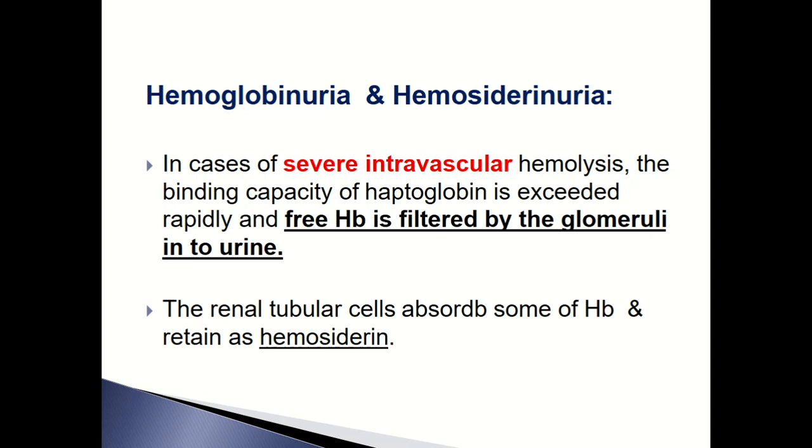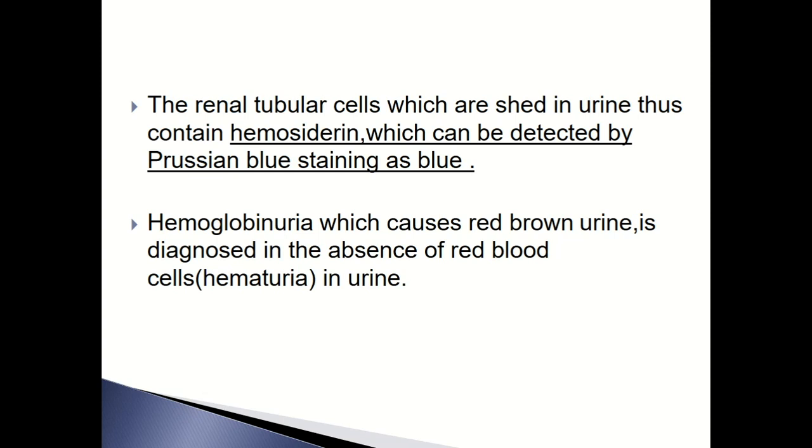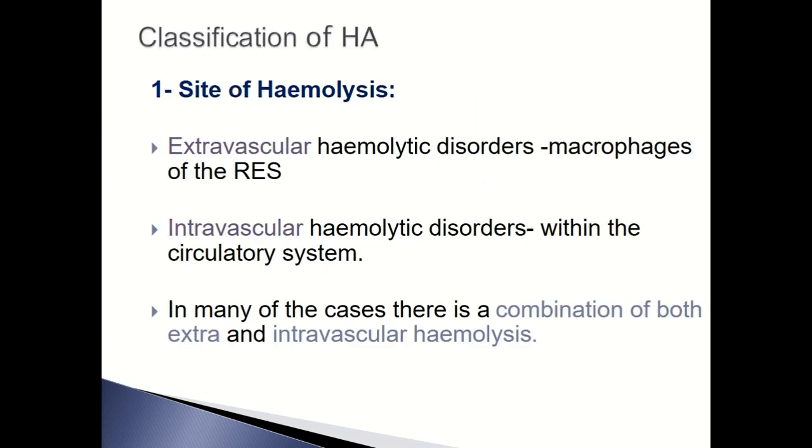So hemoglobinuria is there and hemosiderinuria is there, so both get excreted through urine. Hemosiderin can be detected by Prussian blue stain, that is the iron stain. The stain is blue. And hemoglobinuria, once hemoglobin is excreted in the urine, becomes red brown in color. I will show the photograph.